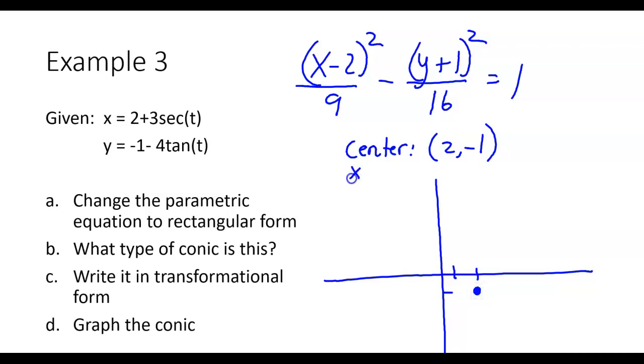Next, we want to find our x radius, which is the square root of the number underneath the x, and I'm going to go left and right 3 from my center. Next, we want to find our y radius, which is the square root of the number underneath the y, and I get 4. So I'm going to go up 4 from my center and down 4 from my center.